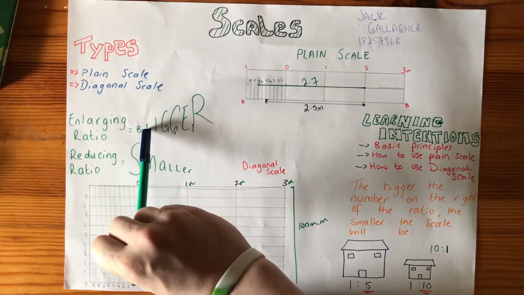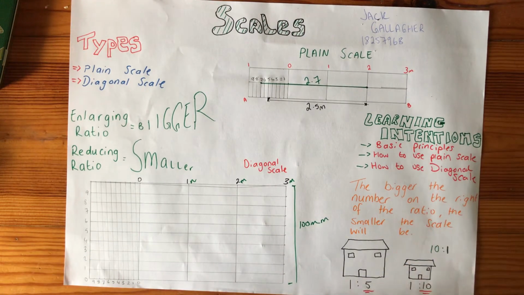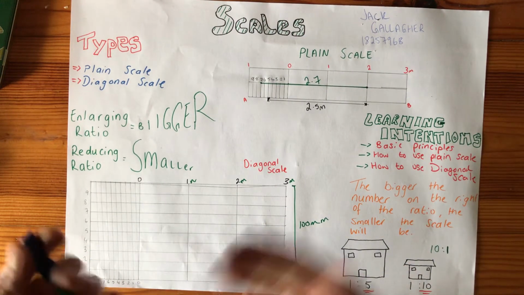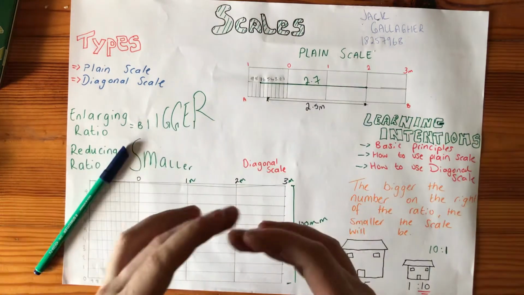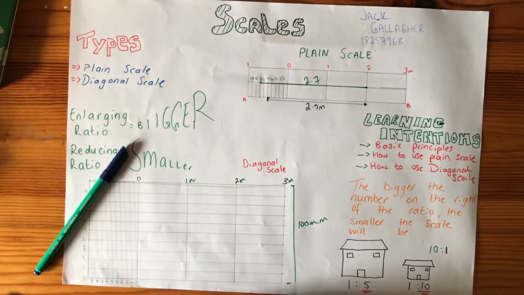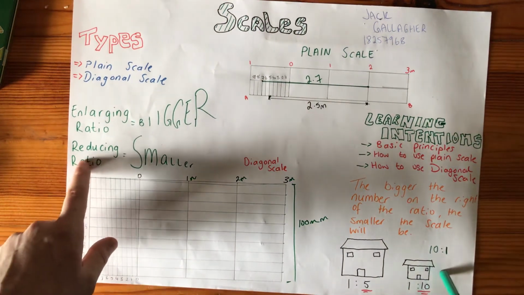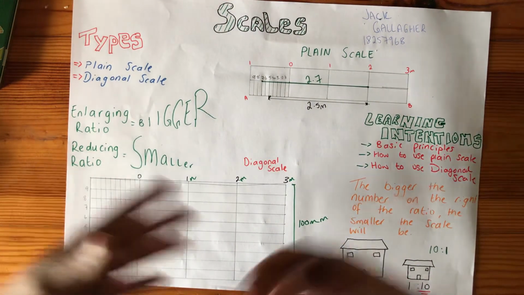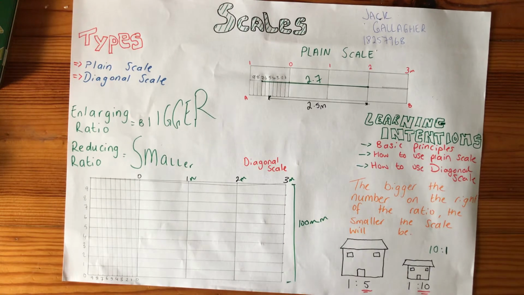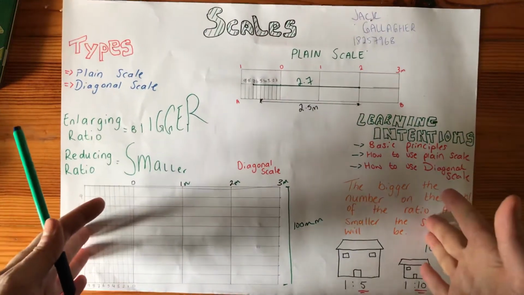An enlarging ratio is where you have an object that's small and you want to make it bigger, like a watch that's this size, and you want to zoom in on it so you can clearly see all the small parts of the watch. And then we've a reducing ratio, which is where you have a big object and you want to make it smaller, say like a house, because you obviously can't draw a house to scale on a piece of paper.